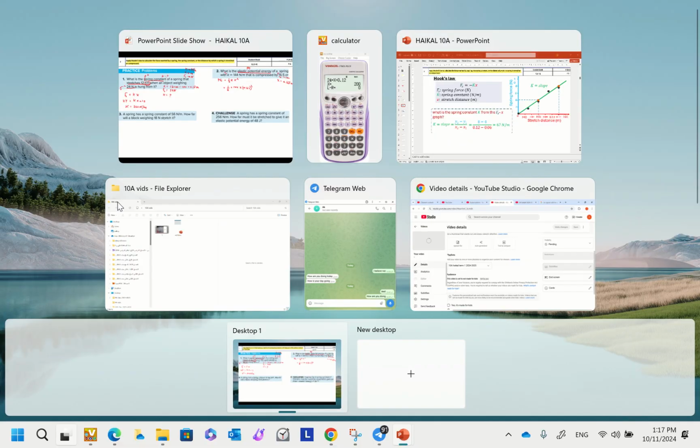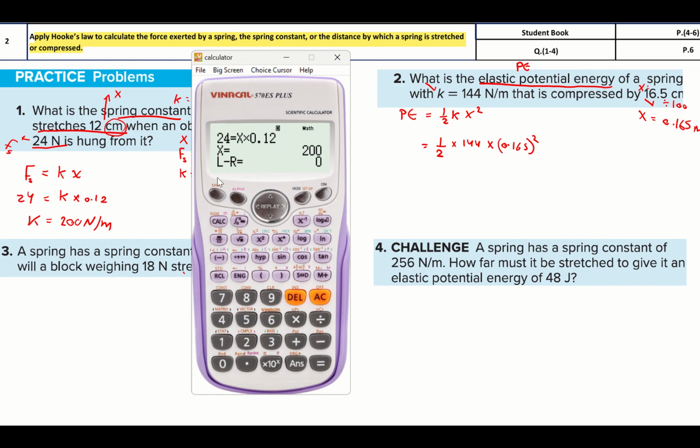Using the calculator, so we're going to multiply half times 144 times 0.165, close bracket and square.